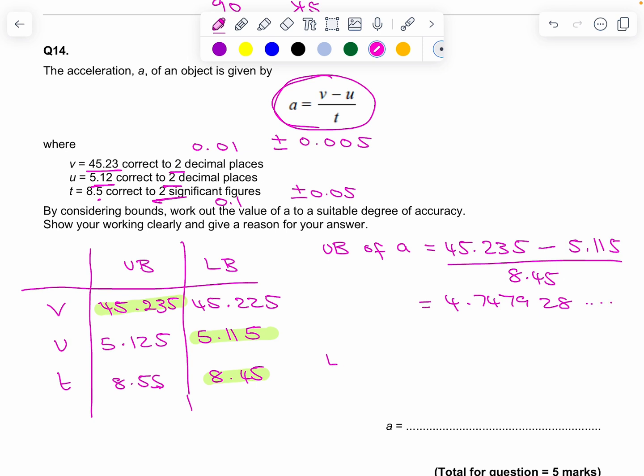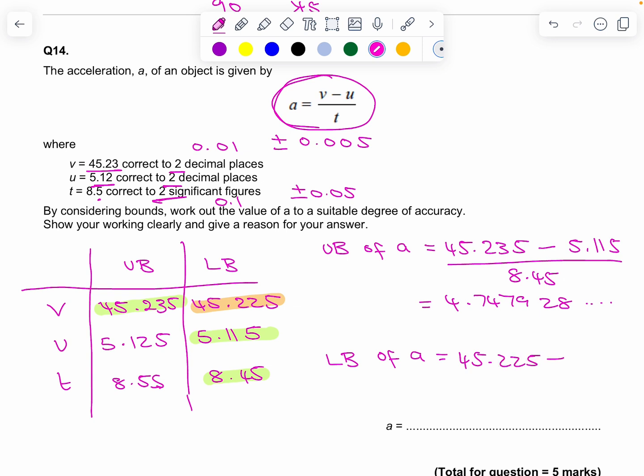Now, let's do the lower bound of A. Remember, I want the lowest possible number. So I'm going to take my lowest V, which is 45.225.